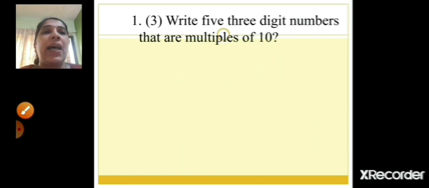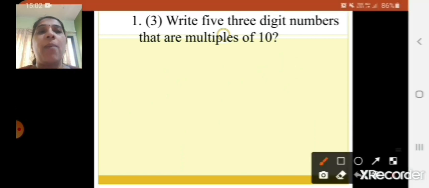Third one is write 5 3-digit numbers that are multiples of 10. So what we had seen for multiples of 10, 0 should be in the units place. So in each and every number, whichever 5 numbers you are writing, the last number should be 0. That is units place, it should be 0.